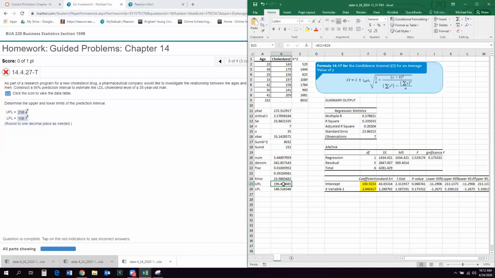And this is going to equal our y hat plus that. All right.